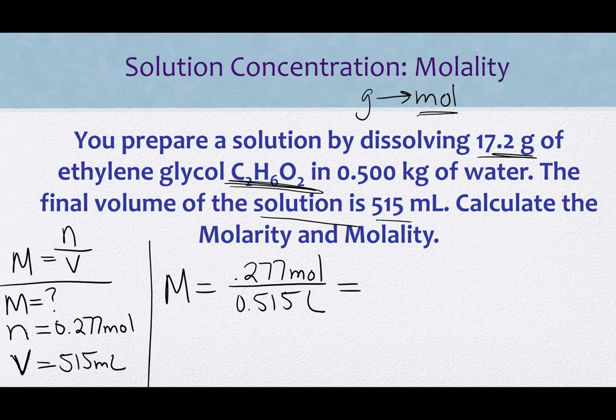Plug this into my calculator. So 0.277 divided by 0.515 equals, and the molarity of this solution is 0.54. And again, 2 ways to do the units. So you could do moles per liter, so just taking the units right off of there. Or you could just write a capital M. So we would read that as 0.54 molar. Okay.